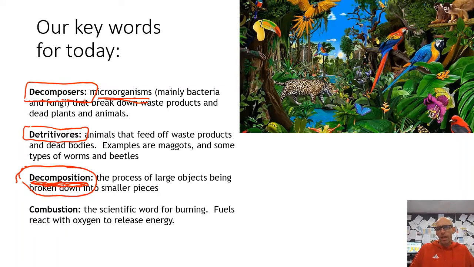So, in a way, if you see a fungus growing on a dead bit of branch on the forest floor, the fungus, the mushroom, is a detrivore feeding off the dead bit of wood. A maggot feeding off the dead body of an animal in the woodland. The maggot is a detrivore. They're feeding off dead bodies. So they are in a way decomposers, but they're detrivores because their food source comes from the dead creatures.